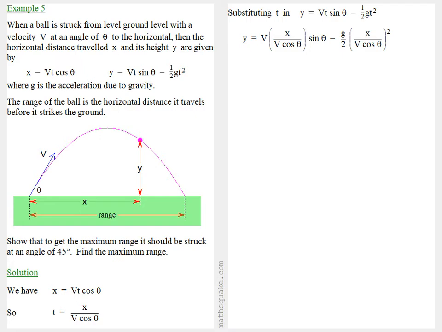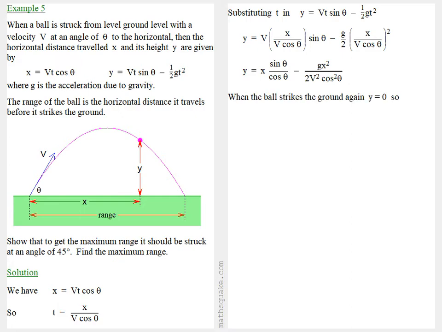And this gives us y = v times x over v cos theta times sin theta - g over 2 times (x over v cos theta) all squared. Now we can cancel the v's in the first term and simplify it to give y = x times sin theta over cos theta - gx² over 2v² cos² theta.